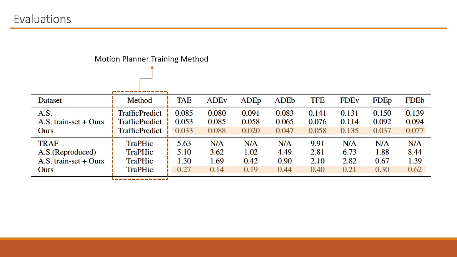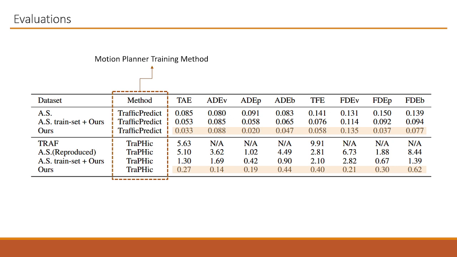Two motion planner training methods, traffic predict and traffic, were used for training. The models were evaluated using average displacement error and final displacement error.